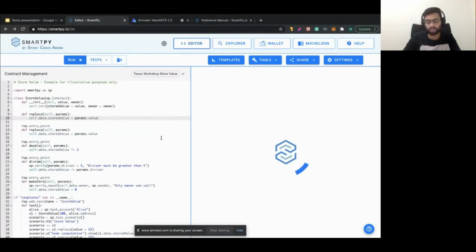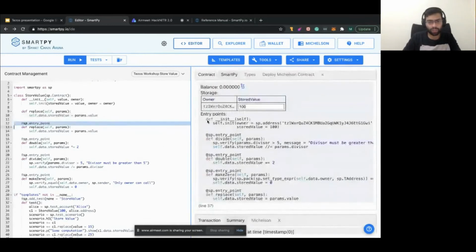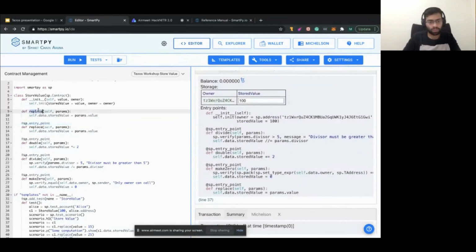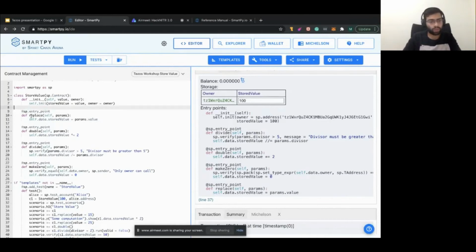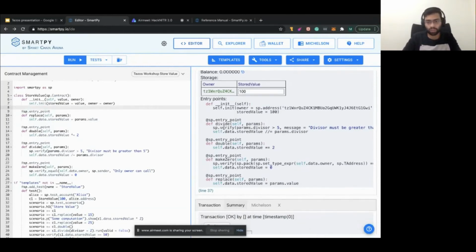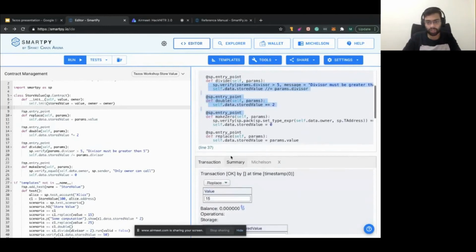So that's something that you should be aware of. I'm not sure why it's taking so much time, but I should have called this replace one. The point is this will not show up there, right? So you can test it out at your leisure. You see these are all functions that have come here.